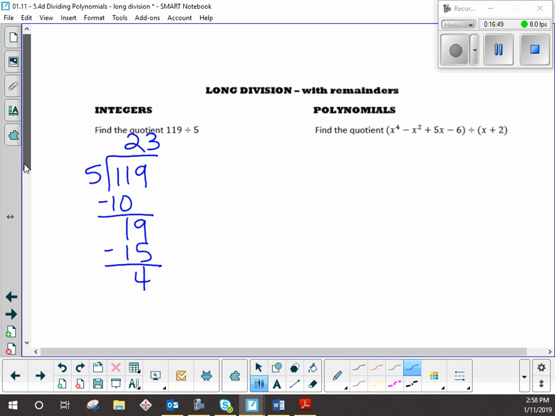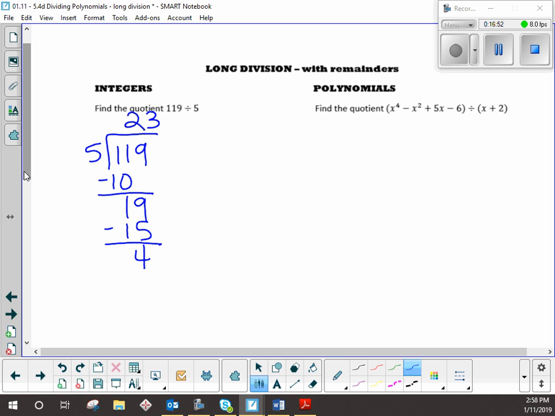The way we can write this, lots of different ways. We can write 23 remainder 4. We can write it as a decimal. But for our purposes today, I want you to know that we're going to use the mixed form, 23 and 4/5. Okay, the 4 is your remainder, and the 5 is your divisor.